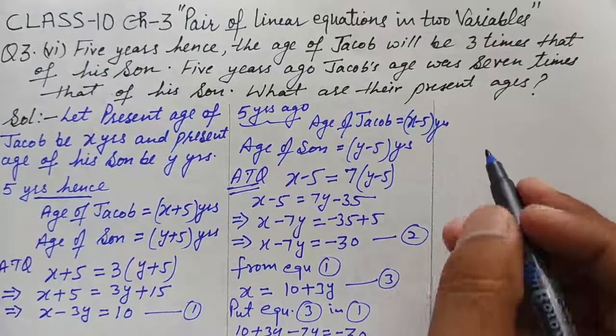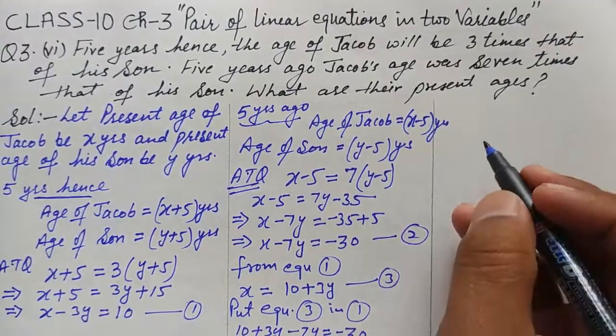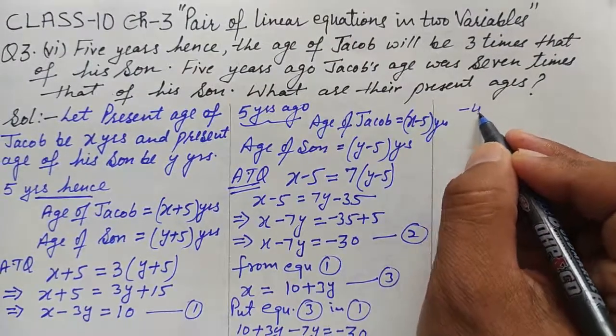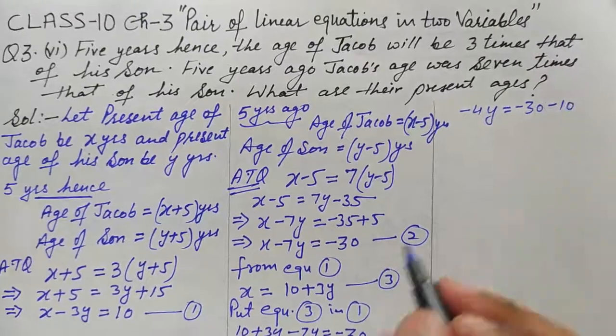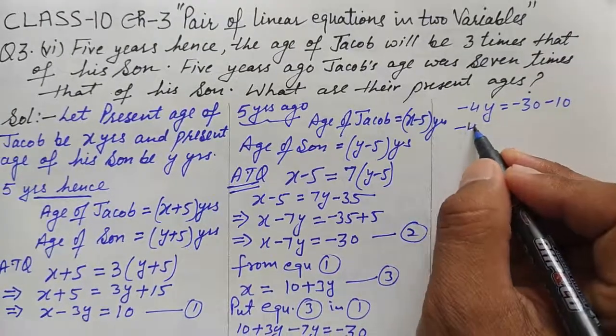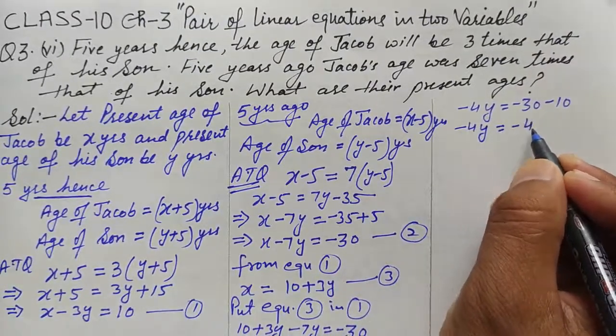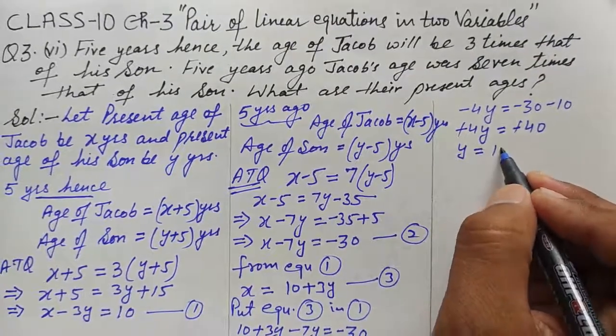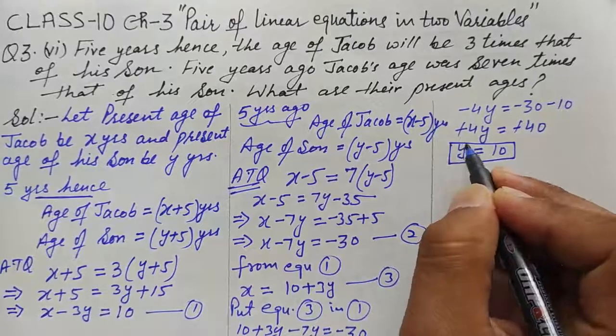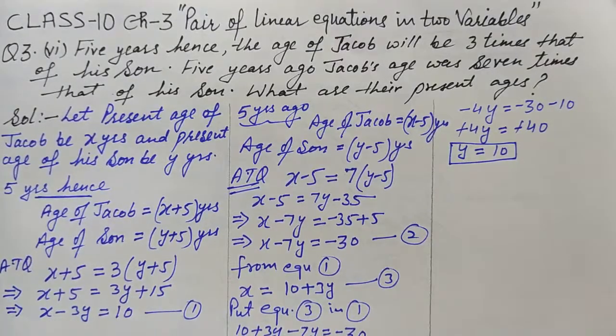So it becomes 3y minus 7y is minus 4y is equal to minus 30, then minus 10 from this side. So it becomes minus 4y is equal to minus 40. So minus minus cancelled. So y is equal to 40 over 4, that is 10. It means the present age of son is 10 years.